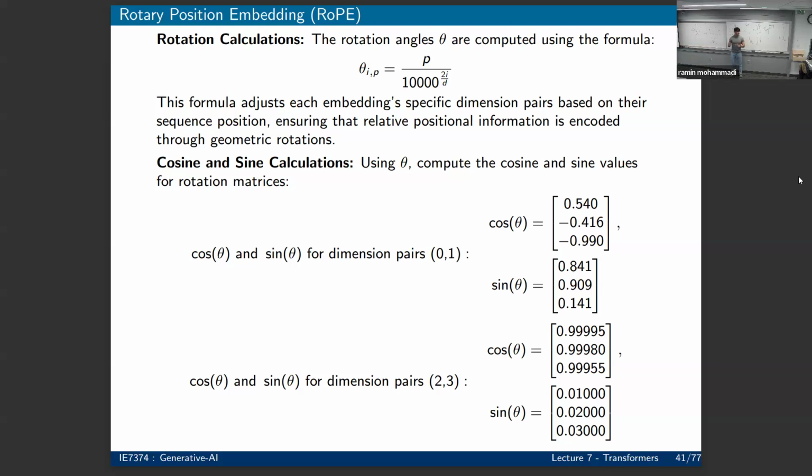So here P, which is the position, will be 0 for "the." Then you have I, and you have D. What is D? D is 4 because we have an embedding of length 4. What is I? I is the location. Which location are we referring to? Location 0, for example. So that becomes 0 divided by that.